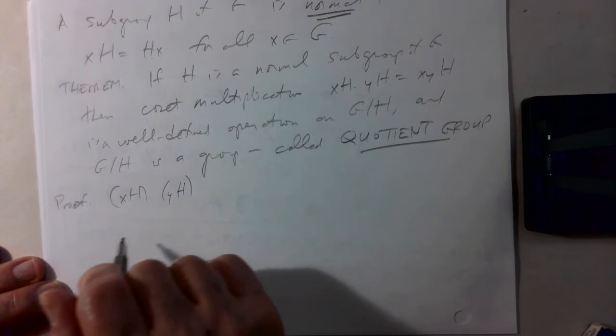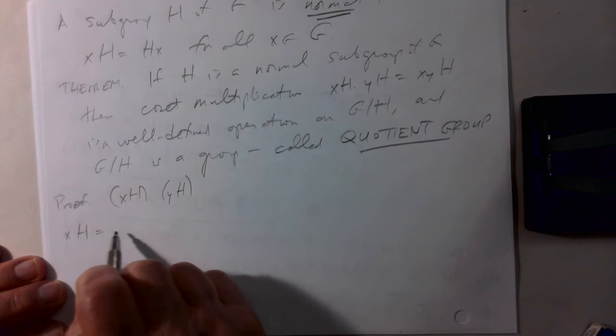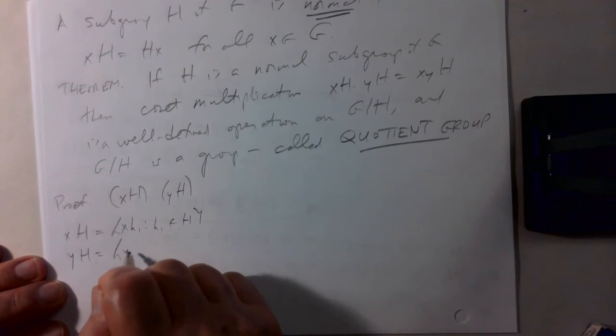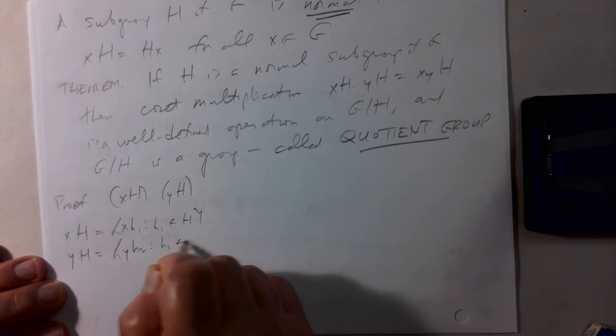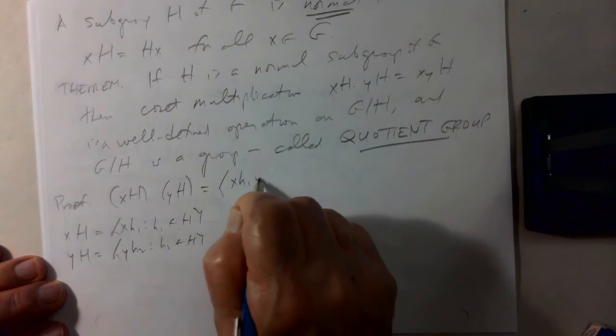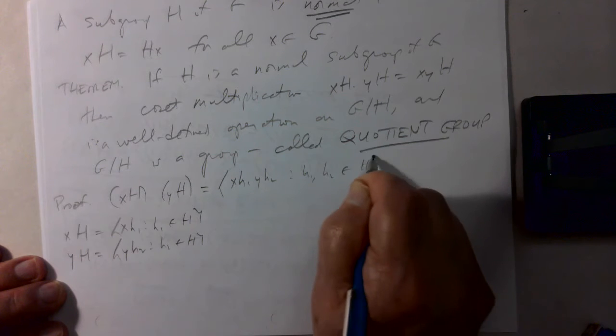Let me do this in a slightly different way. XH is everything of the form XH1, where H1 is in the subgroup. YH is everything of the form YH2, where H2 is in the subgroup. And when I multiply these two sets, I get everything that you can write as XH1YH2 for all elements H1, H2 in the subgroup.